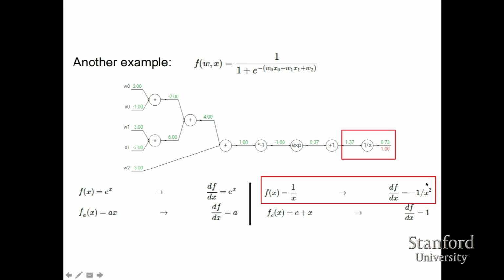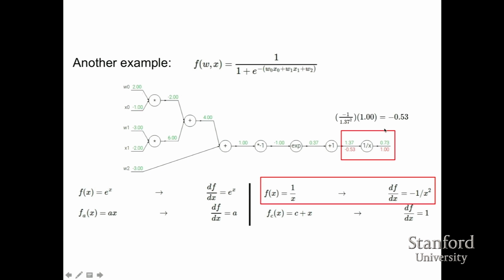The function is 1 over x, and so the derivative is just minus 1 over x squared. x is 1.37, and so we basically compute minus 1 divided by 1.37 squared. And then we multiply, using the chain rule, the gradient signal from the top that goes into this node. So now you multiply these two, and you get the number minus 0.53.